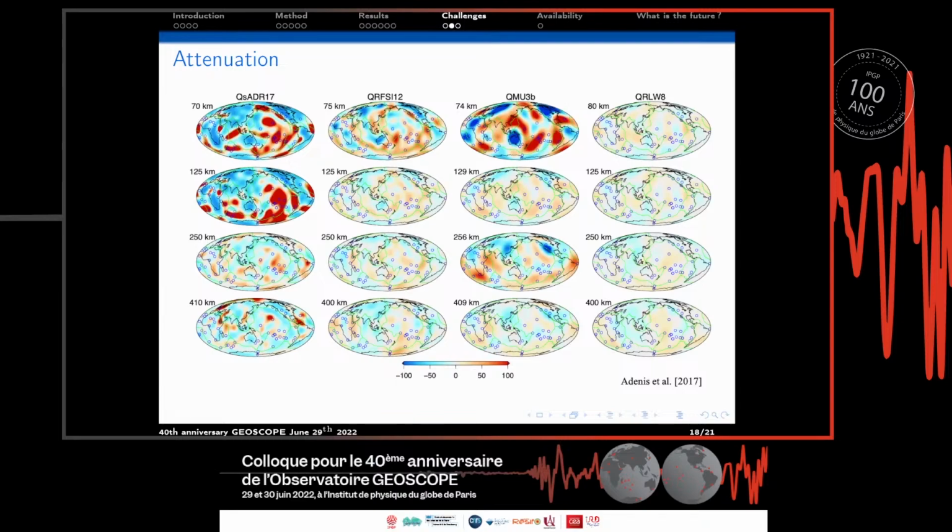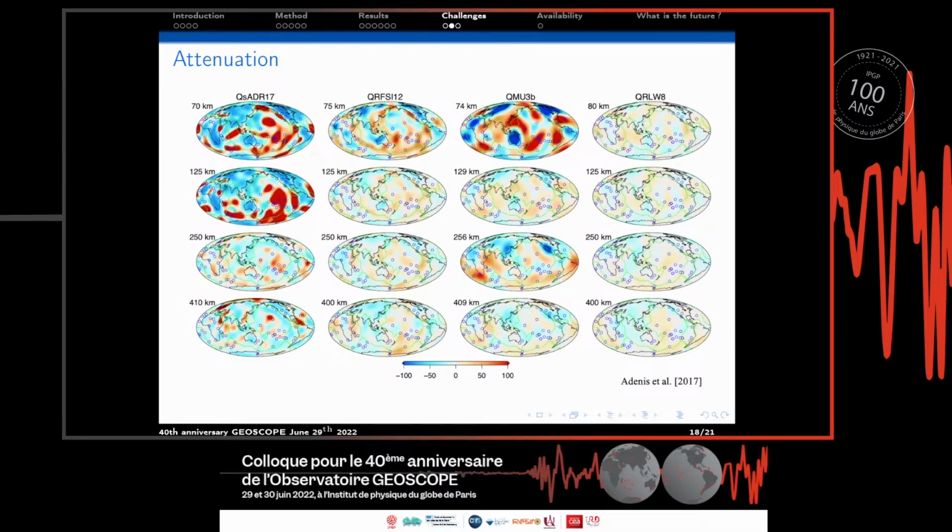With velocity alone, you cannot really distinguish between these two effects. And with attenuation, because velocity and attenuation don't have the same sensitivity to thermal anomalies or chemical anomalies, you can try to distinguish between these two hypotheses. So it would be great if we can improve the imaging of attenuation.